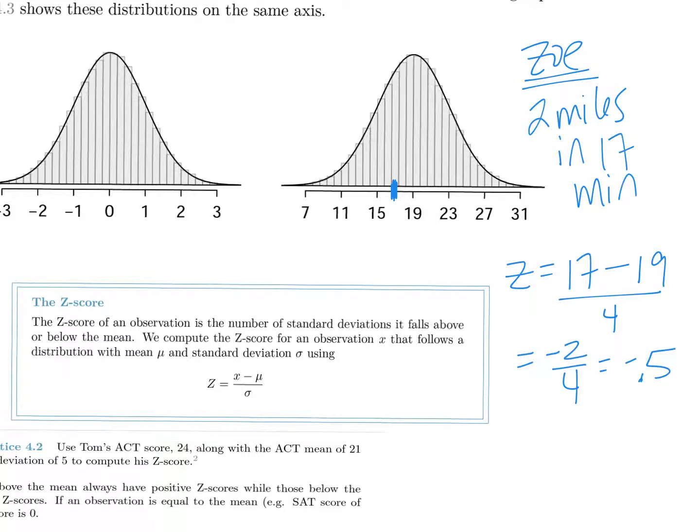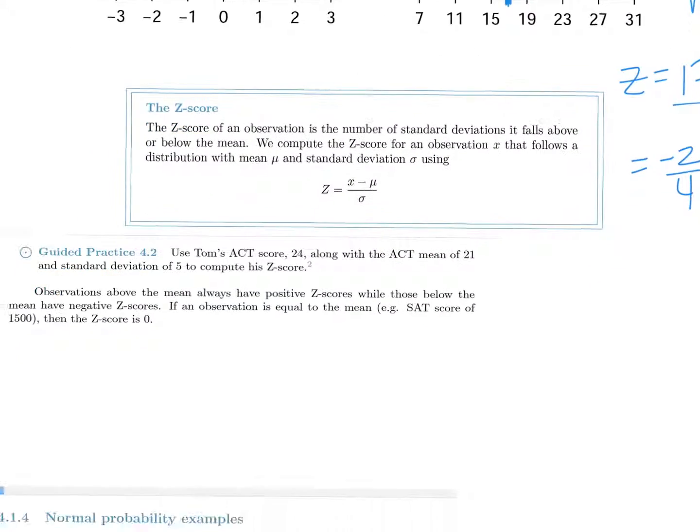And in this case, my girls would actually want to have a negative z-score if we were calculating them for everybody, because that would mean they finished the 2 miles slightly faster than average. And so in this case, a positive z-score would mean you were a little bit slower because you took more time to finish the 2 miles. But just depending on what the example is and what the problem is that we're analyzing, positive z-scores and negative z-scores could have other applications, obviously.